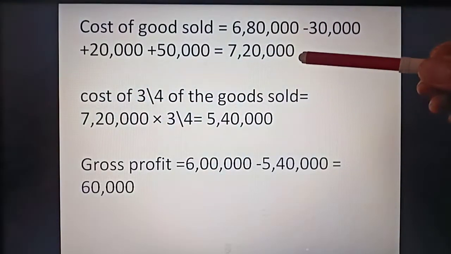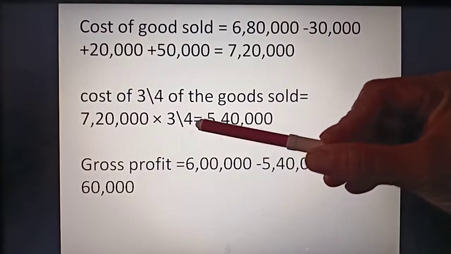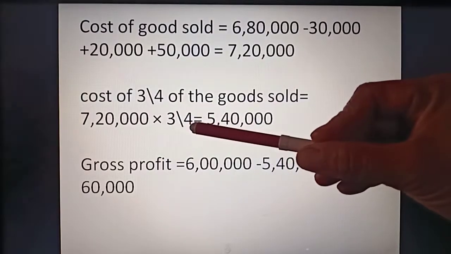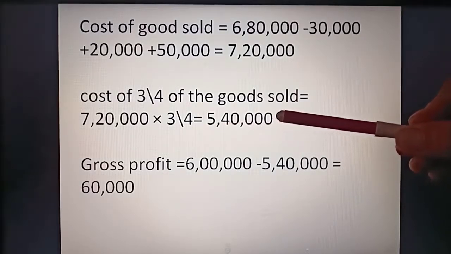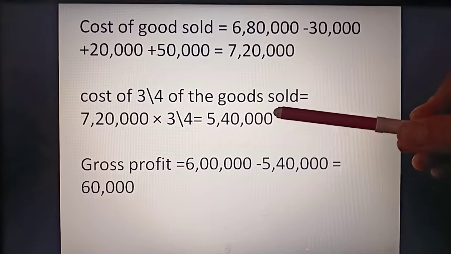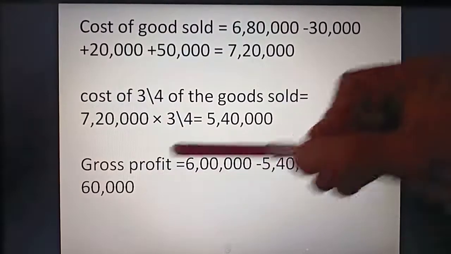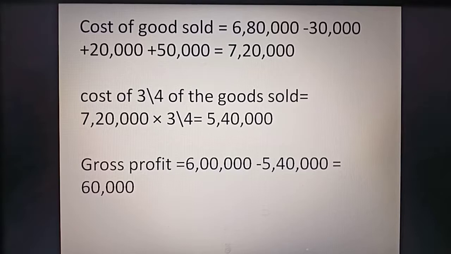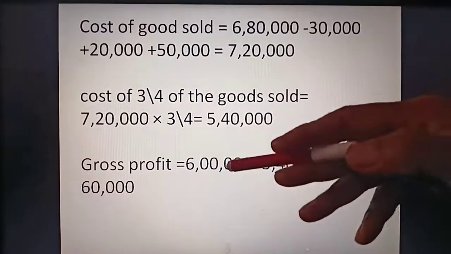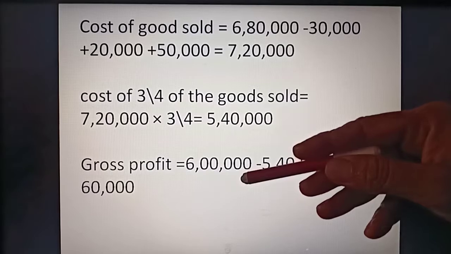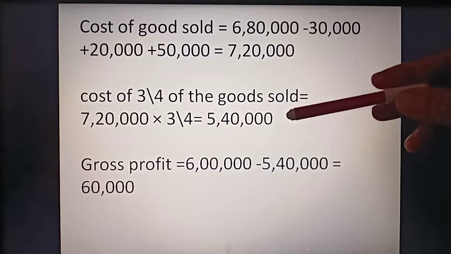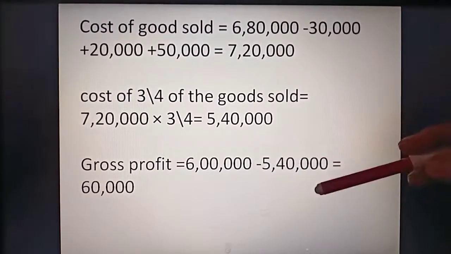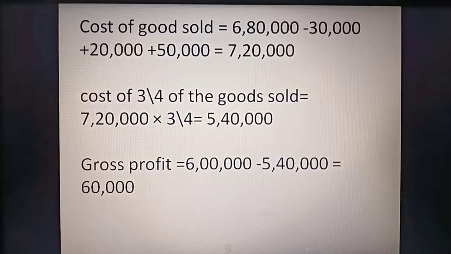So cost is 7,20,000, multiplied by 3 divided by 4, which is 5,40,000. This is the cost of goods sold, because for gross profit we need cost of goods sold and sale value. Sale value is given in the question, that is 6 lakh, and cost of goods sold we have calculated. So we deduct these two, and we get 60,000 as gross profit.